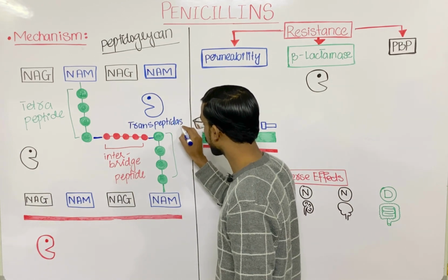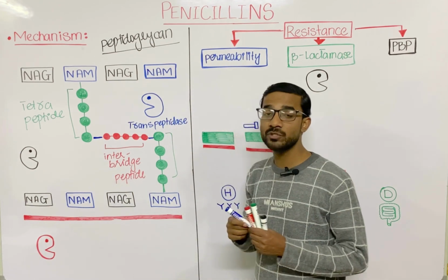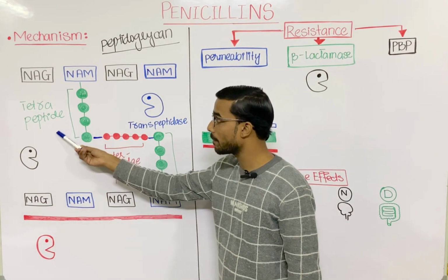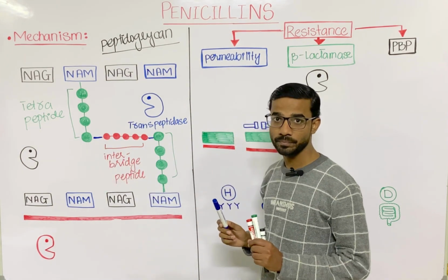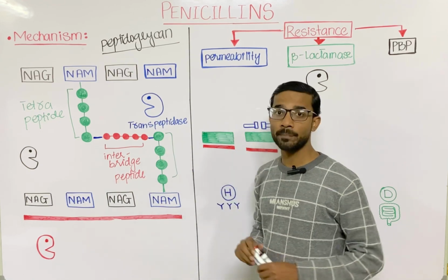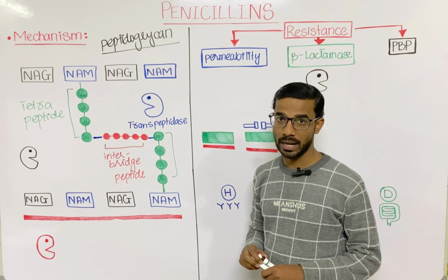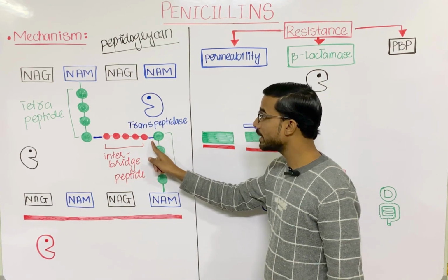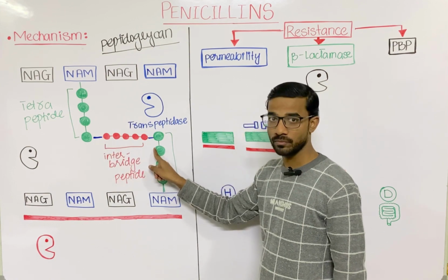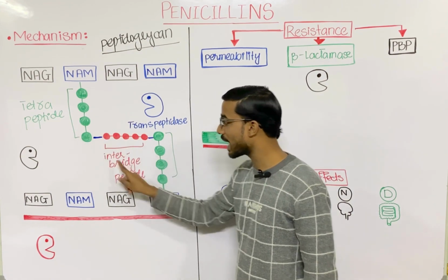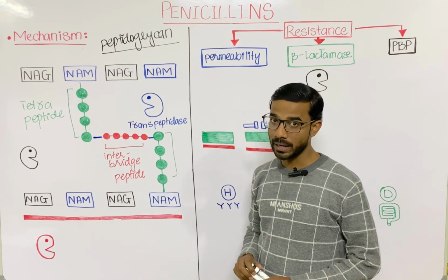Transpeptidase will bind the interbridge peptide with the tetrapeptide on both sides. That's the normal process, and that is the last step of the formation of the peptidoglycan. But penicillin will inhibit this process, will stop the transpeptidation between the tetrapeptide and the interbridge peptide.